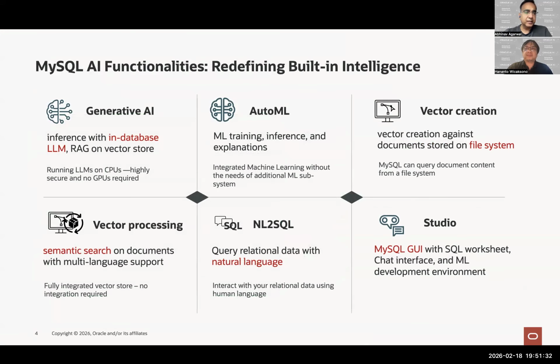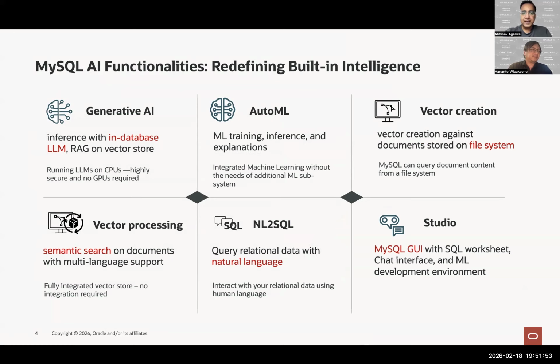Since we are talking about generative AI and in the context of MySQL AI, let's take a look at some of the things that are expected and required of any AI solution. The first one is the ability to do inferencing with LLMs. So an LLM is what allows you to ask questions and get answers in natural language.